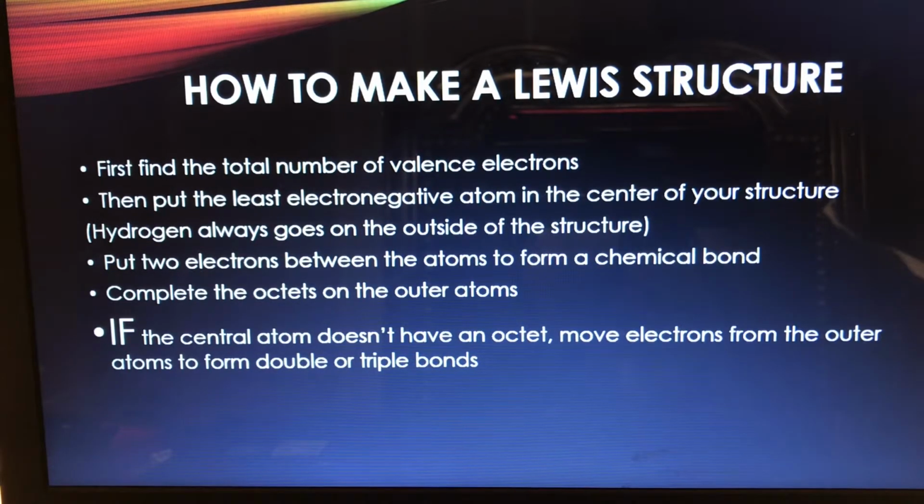First, find the total number of valence electrons for the molecule you are using. You will need to use the periodic table to figure out how many valence electrons are in each element. Let's use H2O.